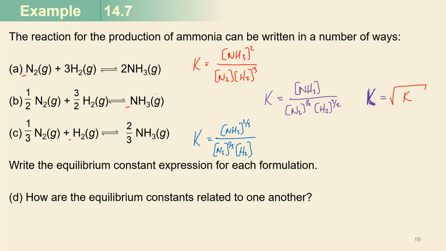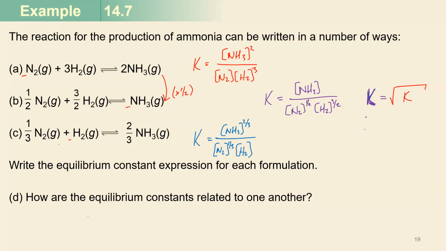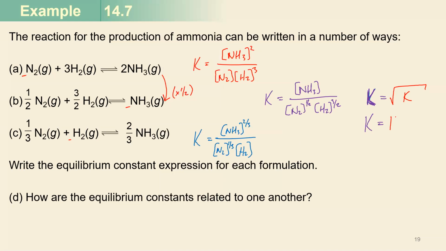One over two. Yeah. From A to B, we multiplied everything by 1/2. And so I'm going to put in parentheses here, times 1/2. And so purple K is equal to red K raised to the 1/2. That's the same as a square root. And so it's raised to the power of whatever we multiplied by.